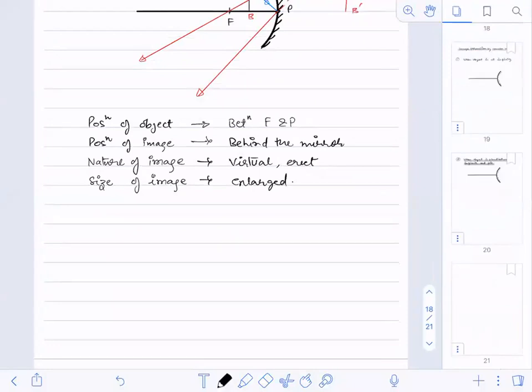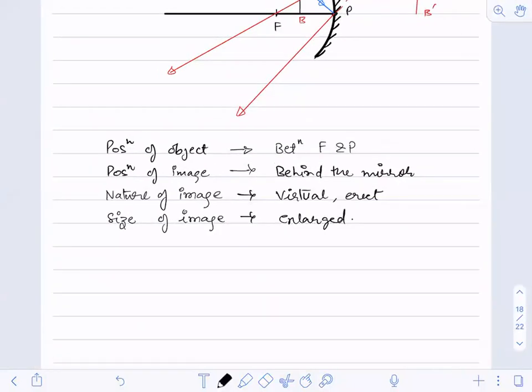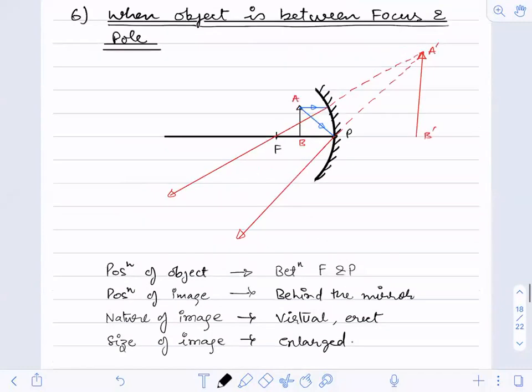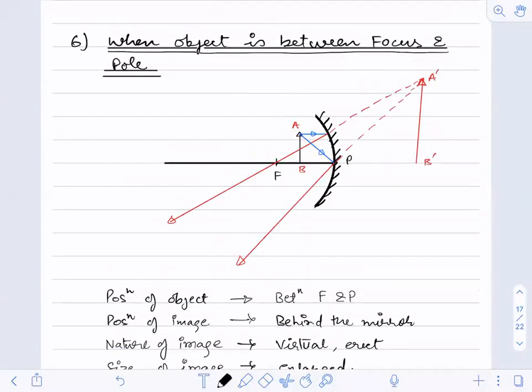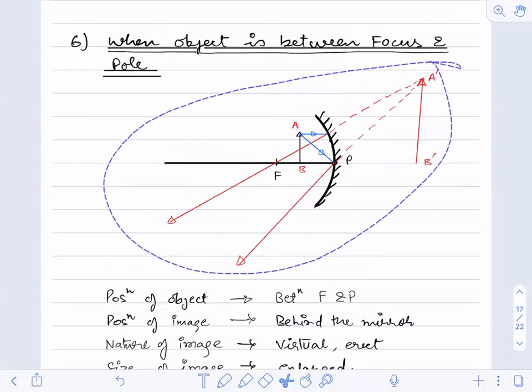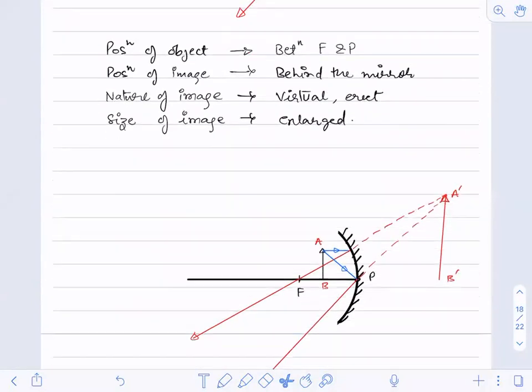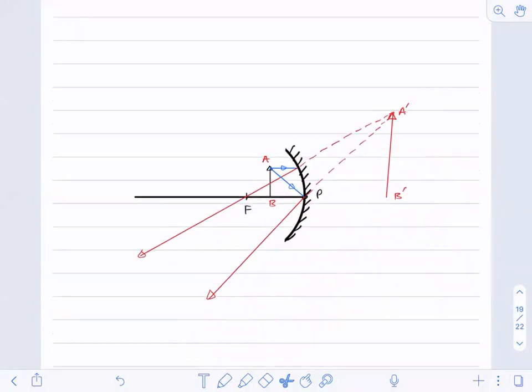Now, because most of you would have confusion later on about which position of the object gives what position of the image, I'll club all the cases in one diagram, and then we'll see if we can make a trick out of that so that it is easy for us to remember the cases.